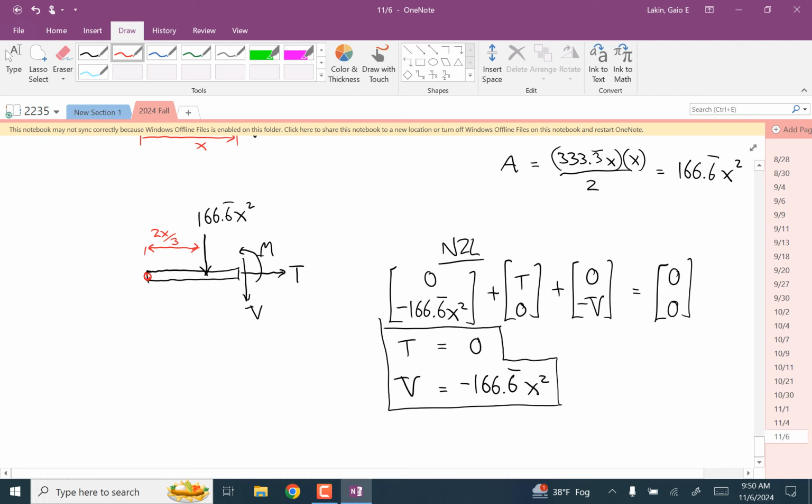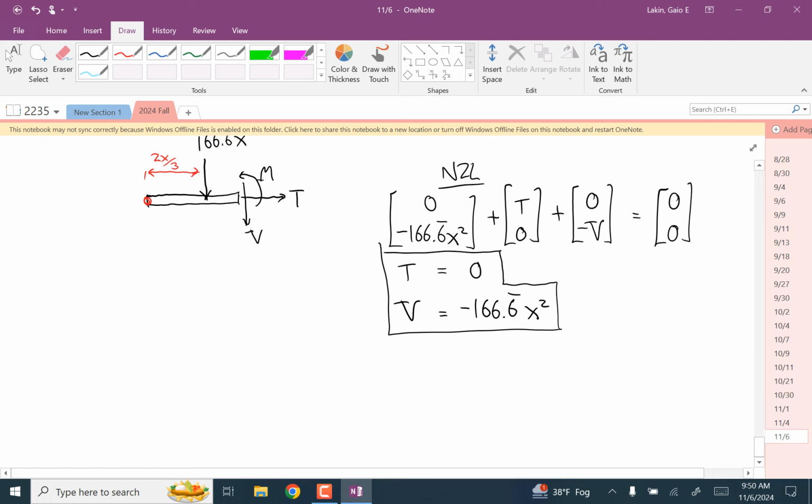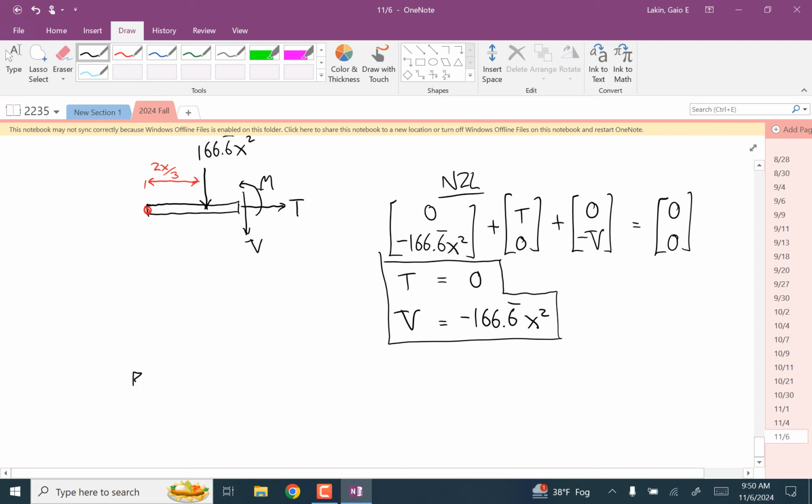And then go to the moment equation. Would that 166 X squared force make it rotate clockwise or counterclockwise? Good job, Nicole. Negative, so we got negative moment arm of 2X over 3 times 166.6 repeating X squared.